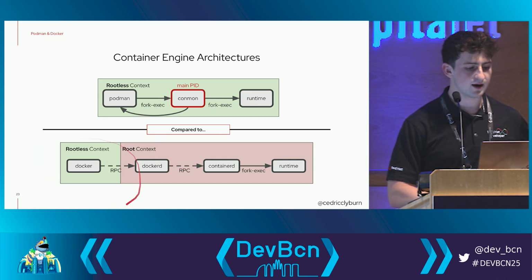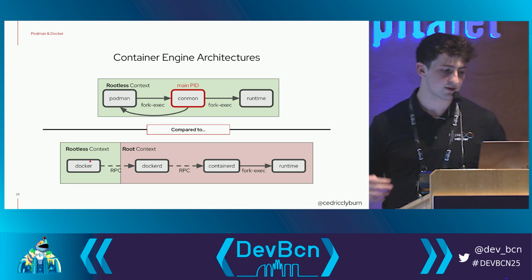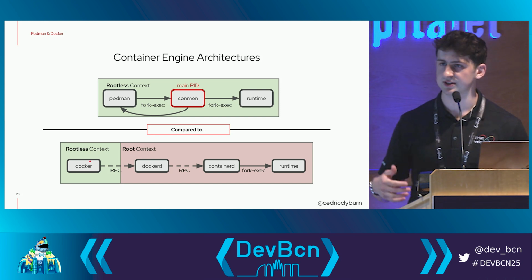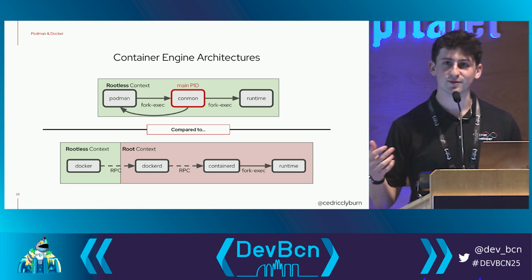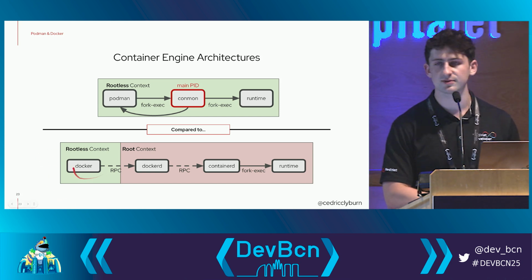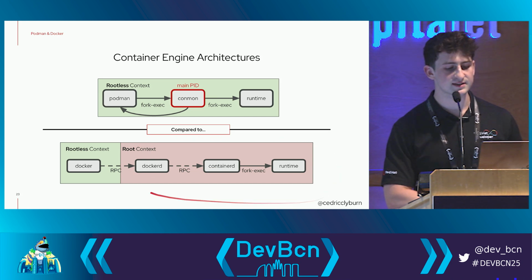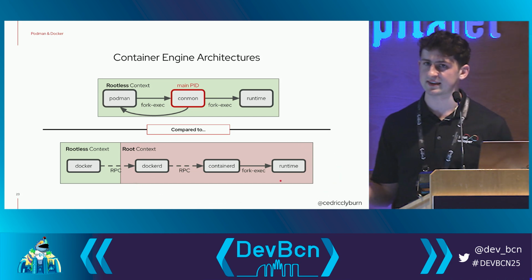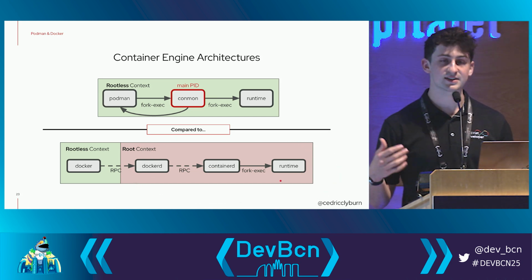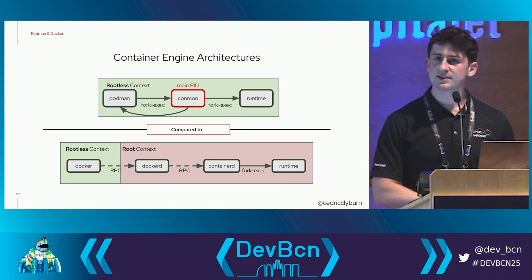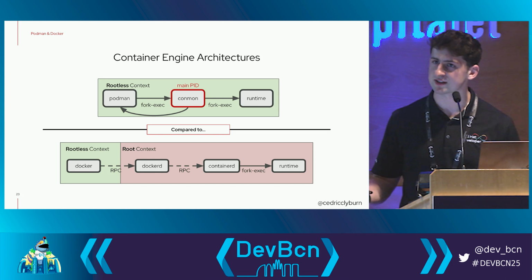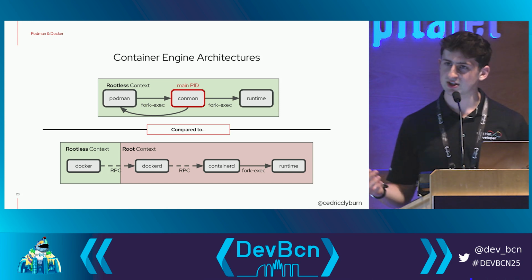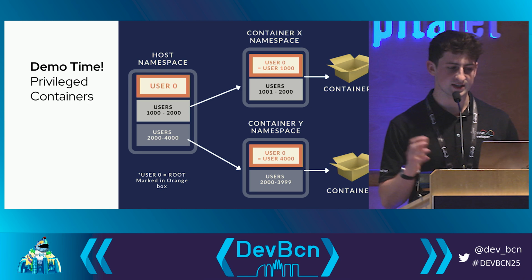By default, in a rootful context, which is what Docker uses by nature, you're working in a rootless context for the CLI or Docker Desktop. But all of these calls and this fork exec at the end of the day is being done in a rootful context. So that's a little bit of how it works. Docker also has a rootless mode, but it changes some conditions. But I would look into that if you're interested as well.